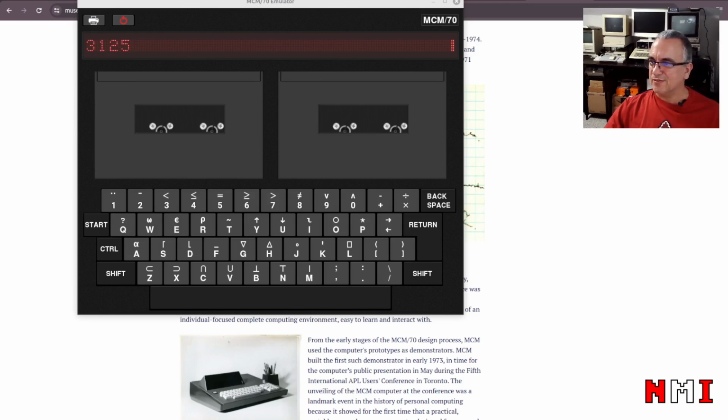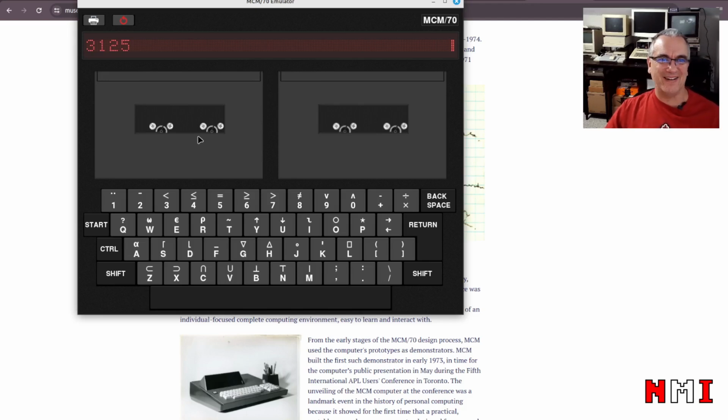So yeah, the MCM has an OS built in, so that we can manage the tapes and everything. So let me see the command for loading a tape, formatting. First we open the tape by clicking.